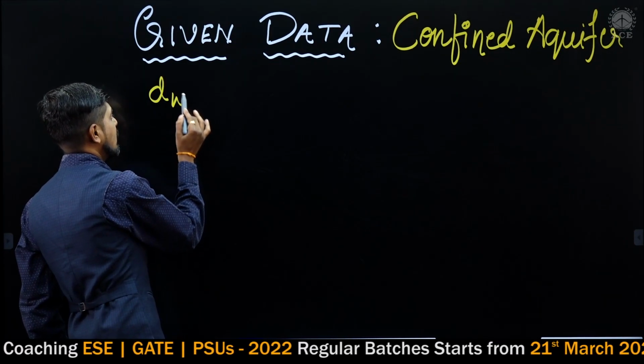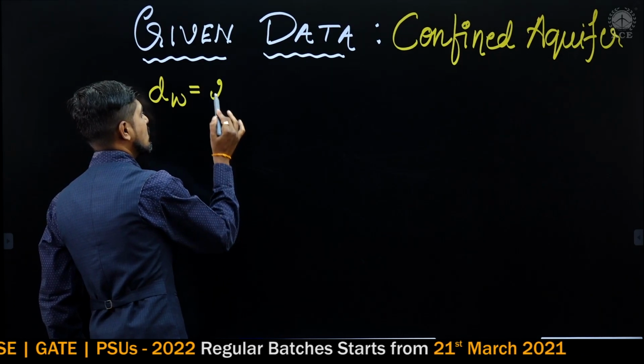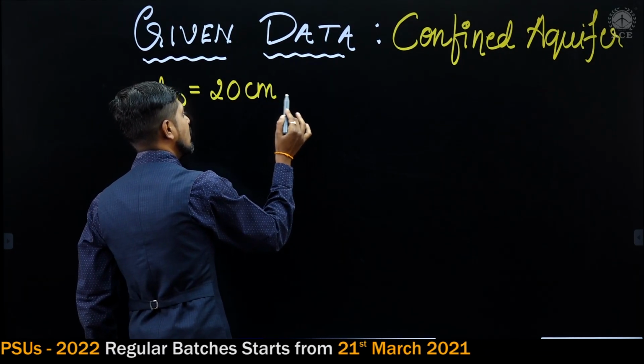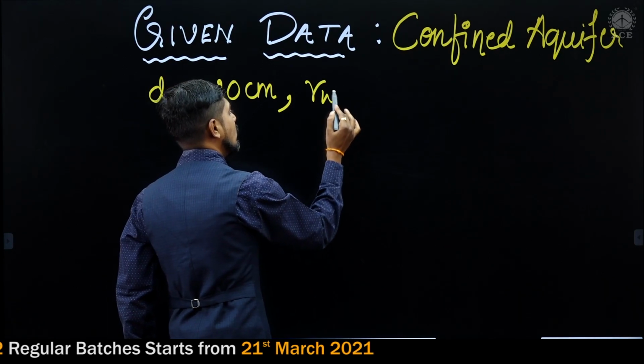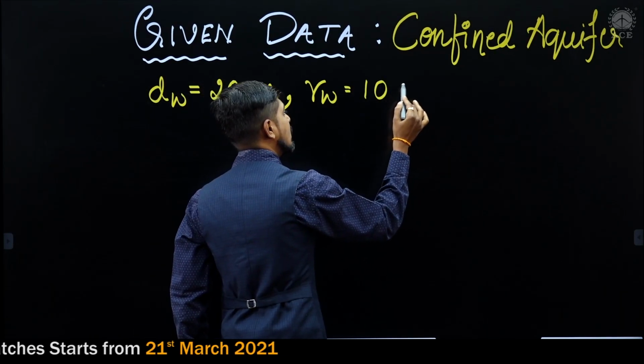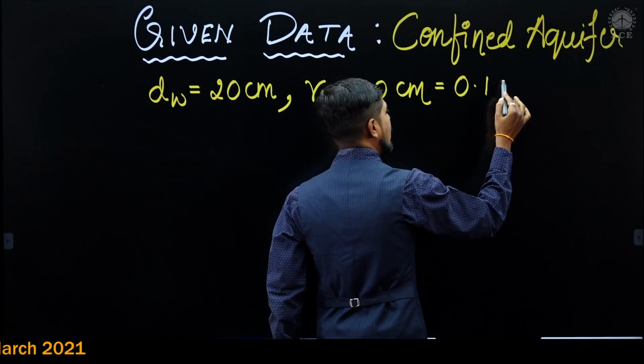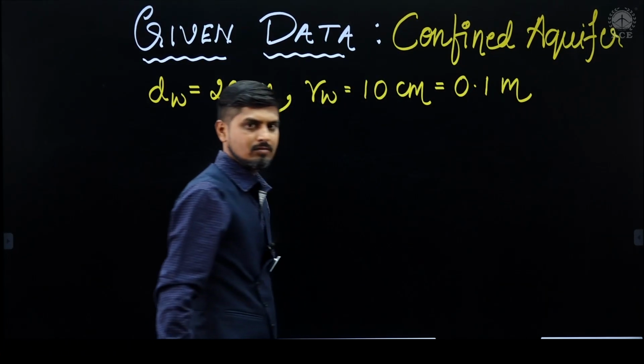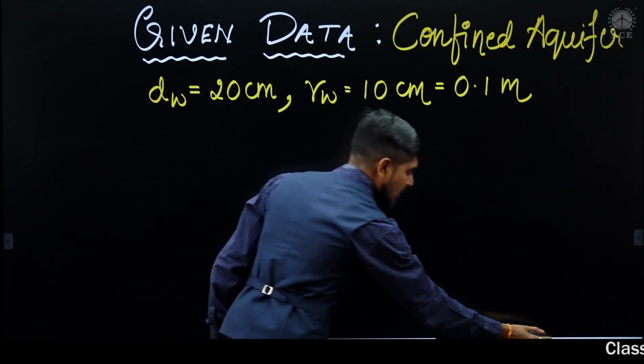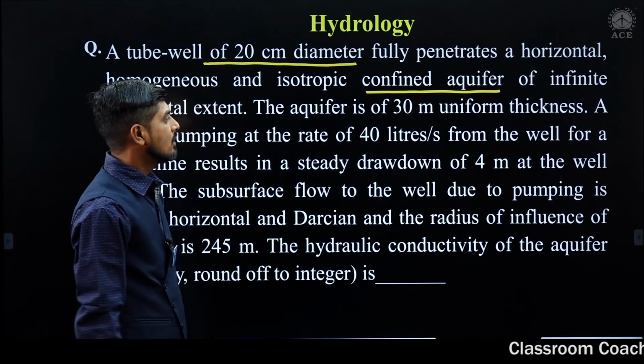Let me call the diameter dw, which is 20 centimeter as given. So the radius rw will be equal to 10 centimeter, that is nothing but 0.1 meter. Fine. Let me continue the question.